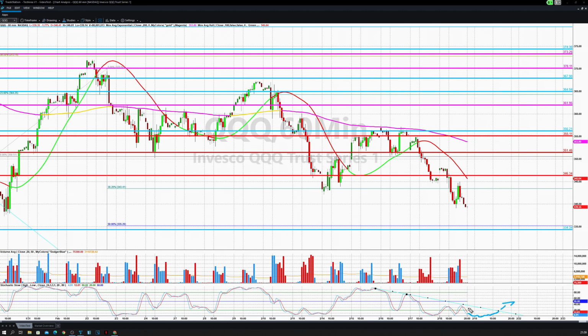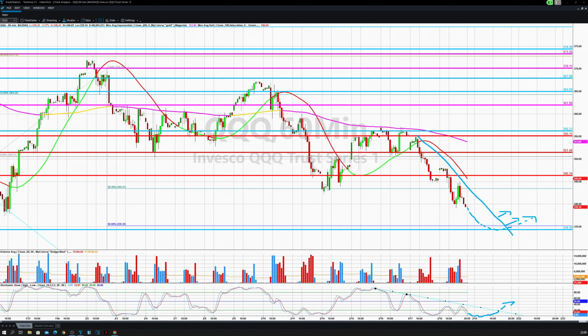It can move here, and then we can do something like this, and then we will break the trend, and from here can bounce to the upside.